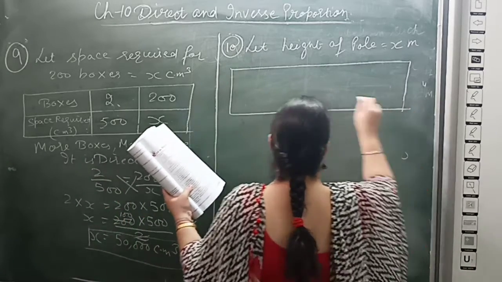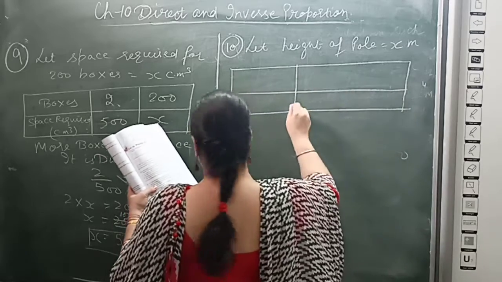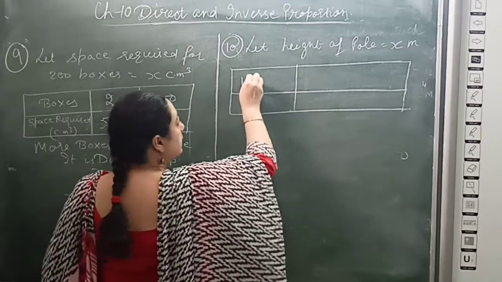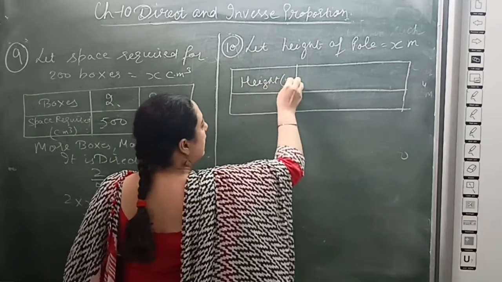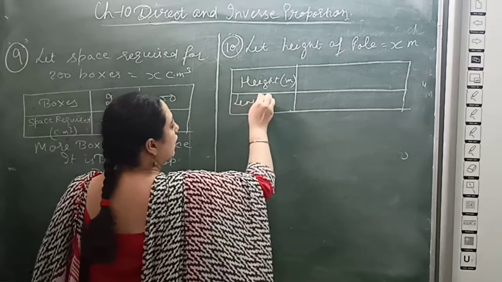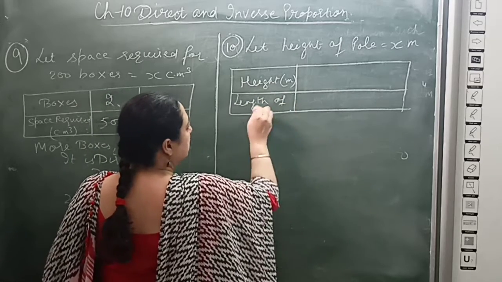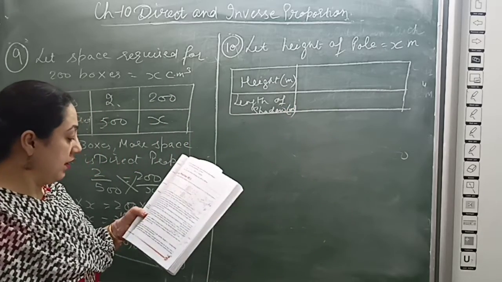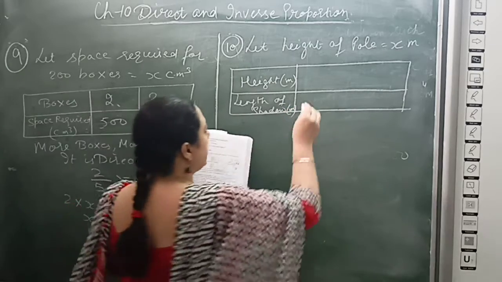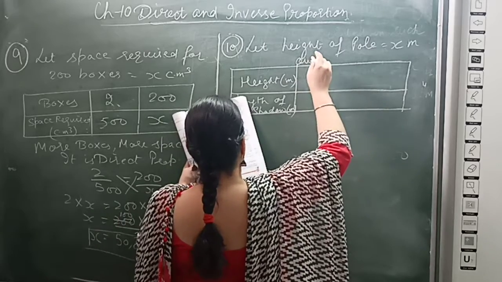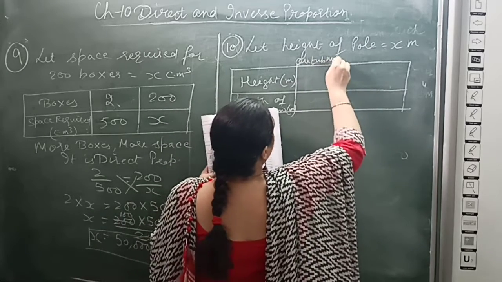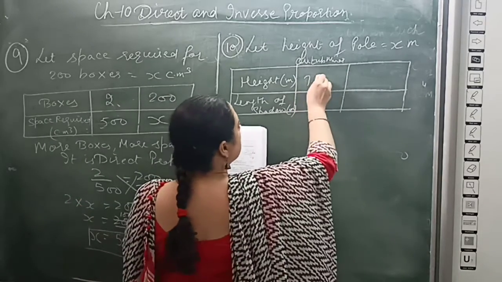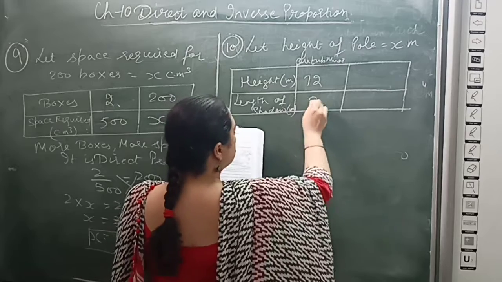In the table beta, in the first row, we will take height and its unit also in meter. And in the second row, I will take the length of shadow. Its units are also in meter. Now according to the statement, first data is given to you of the Qutub Minar. The height of Qutub Minar is 72 meter and its shadow is 80 meter.